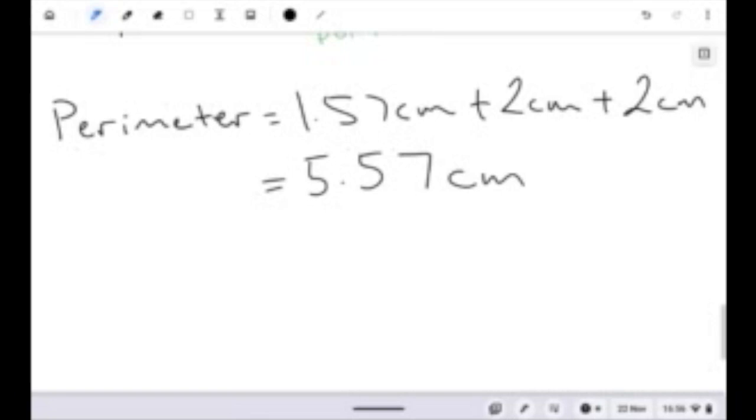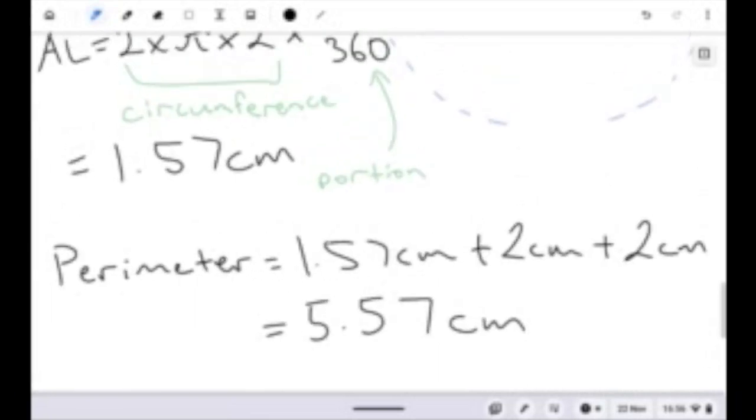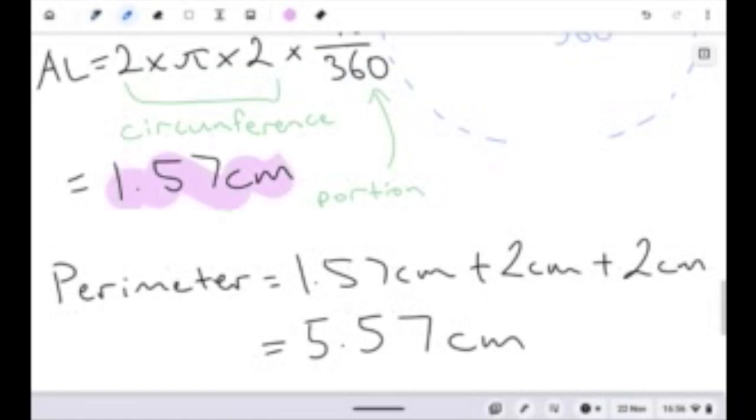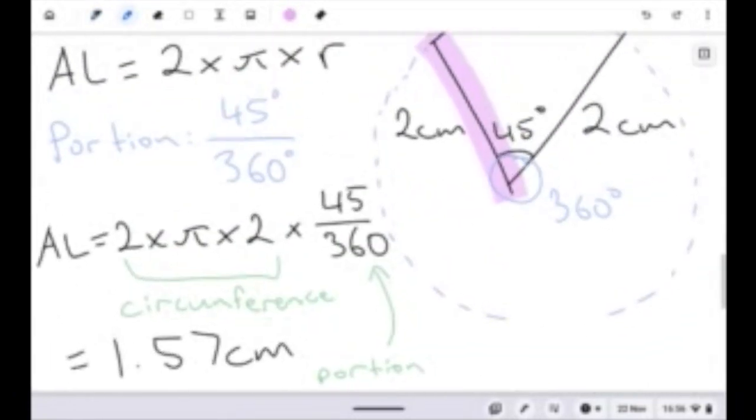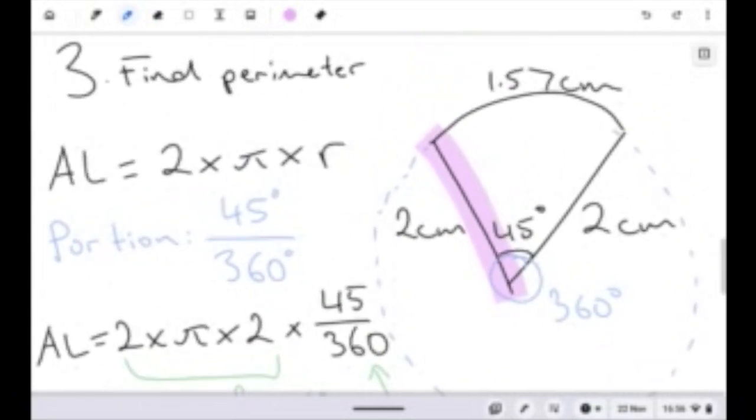It's a little bit of a trick question because we've been looking for arc length here. So a lot of people would have just stopped here. But we need to read the question and double check. We are finding the entire perimeter, the entire border around this little pizza slice, this portion of my whole. So that's how we can apply these portions to my circumference in order to find the arc length of a circle.